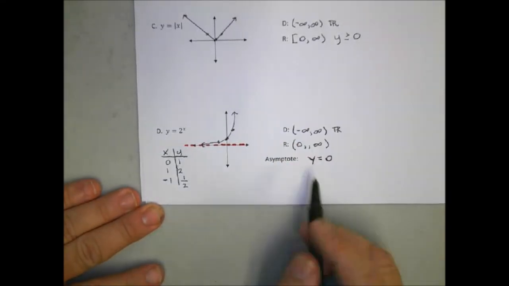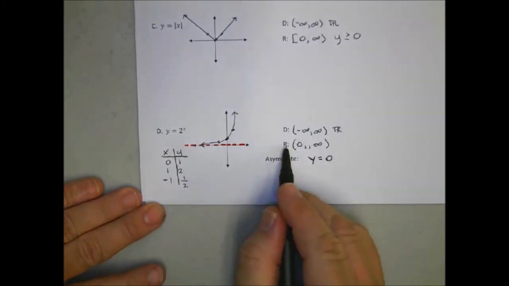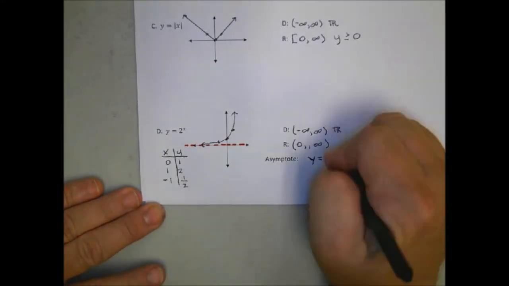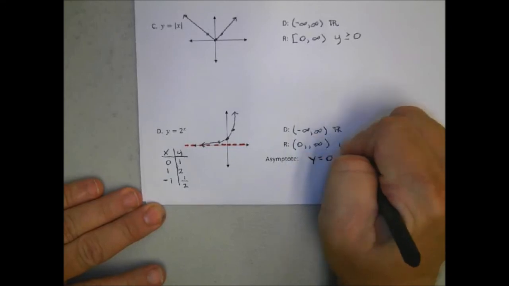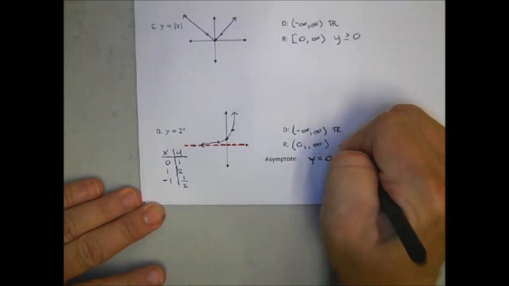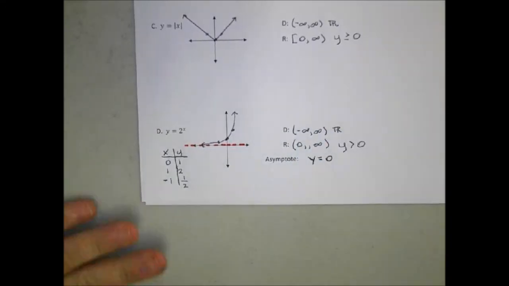So another way of writing this would be the range values of this graph are all values of y that are greater than 0. Notice it isn't greater than or equal to 0 because it never touches 0. And that's kind of the introduction to what Objective 1 is all about.